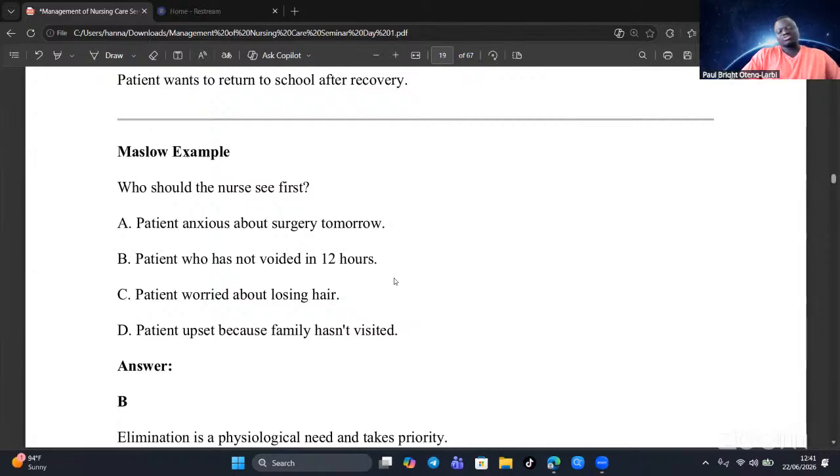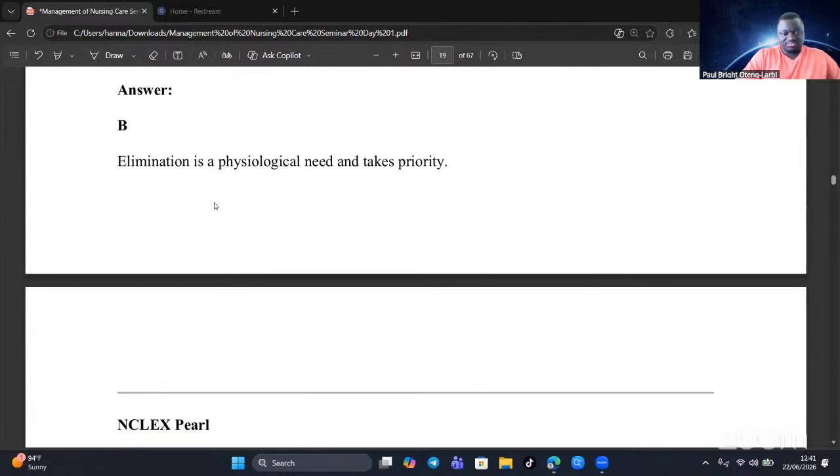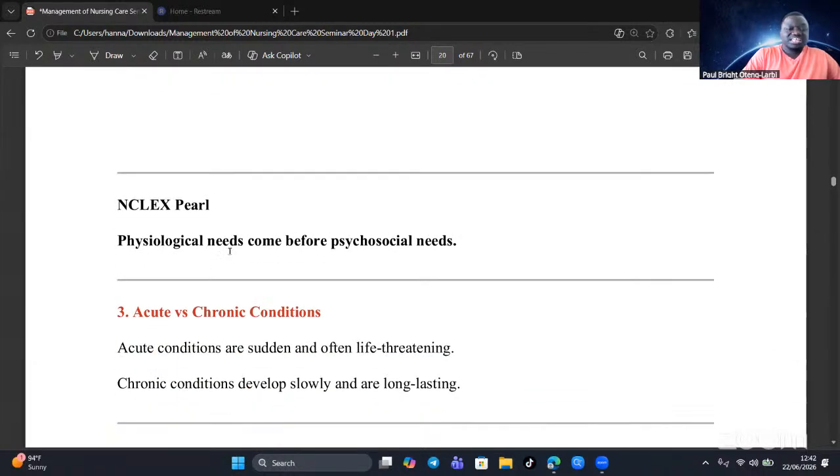So we have done recognizing cues, so you know how to recognize your cues and prioritize hypotheses to draw a plan. Now, prioritization 2, we have gotten to Maslow. Physiological needs always come before psychological needs.